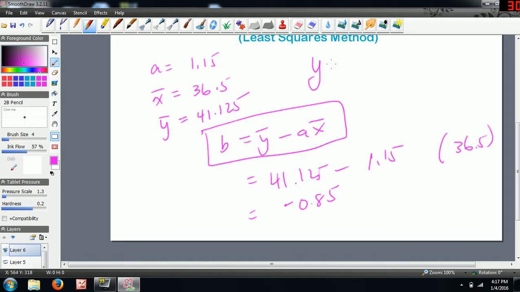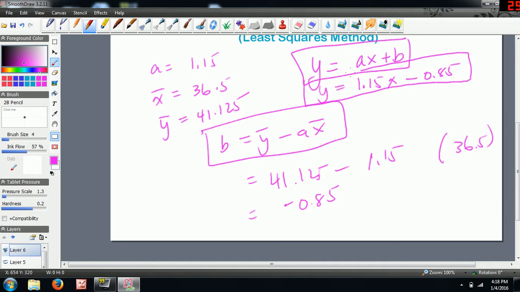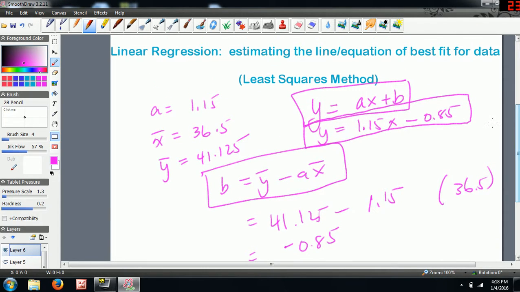And now we can write our equation, which is y equals ax plus b. This is also a formula. So this also does not change. So plugging these in, we get 1.15x minus 0.85 because we had a negative b value. This right here is our formula. This is the line of best fit. So that there is the equation for the line of best fit for that specific data.